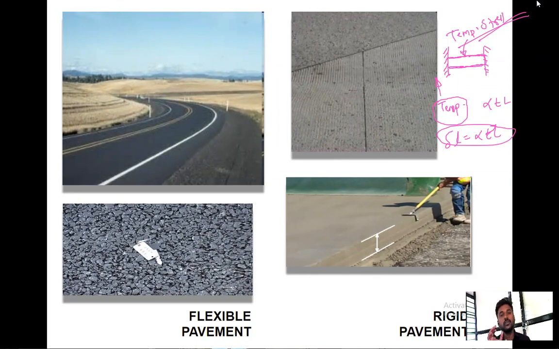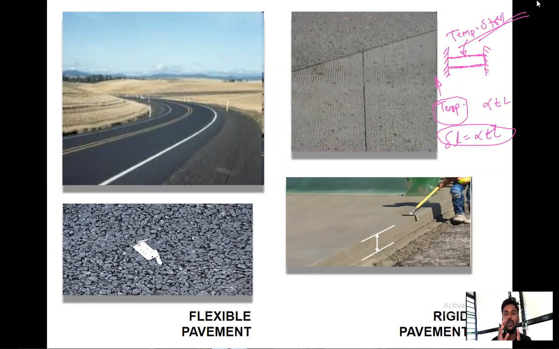But here it is rigid pavement, so whenever it tries to elongate, if it is not allowed to elongate, then what will happen? There will be cracks on the pavement.